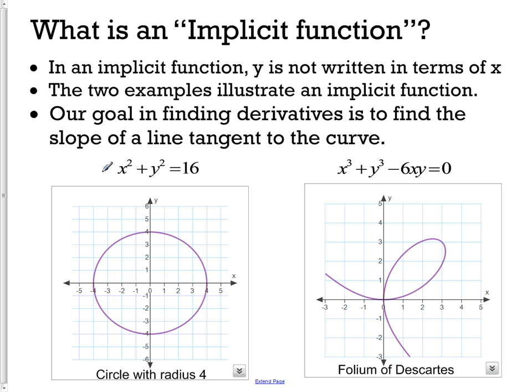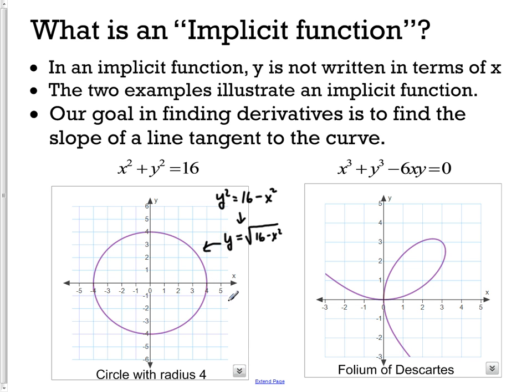We know that we could isolate y squared to one side here, and we could say, well, y squared is equal to 16 minus x squared, and then we could write it explicitly as two separate functions. We have a function y equals the positive square root of 16 minus x squared, which is this upper half of the circle, if we wanted to think of it that way.